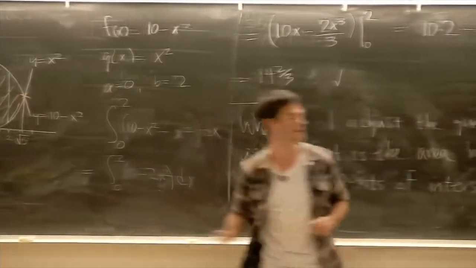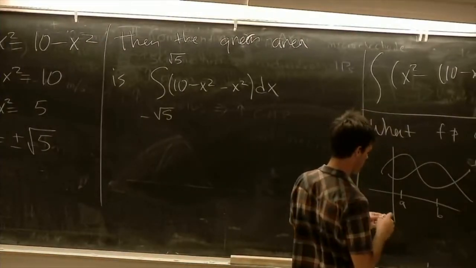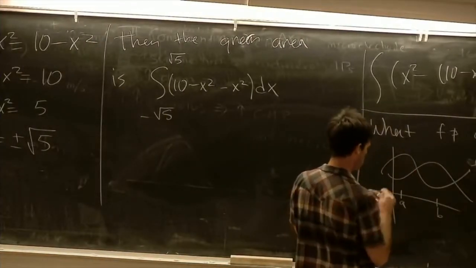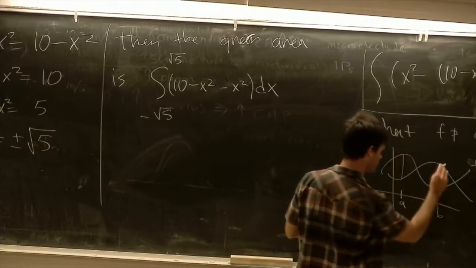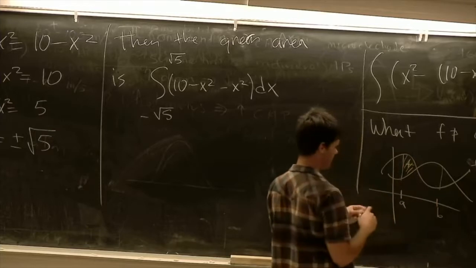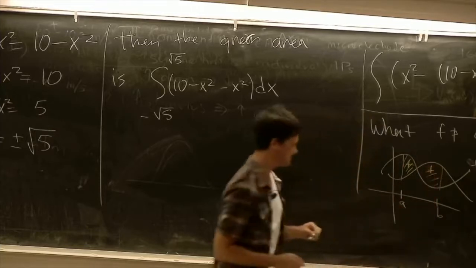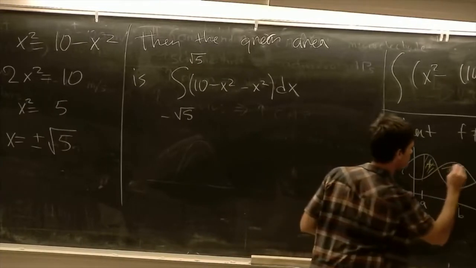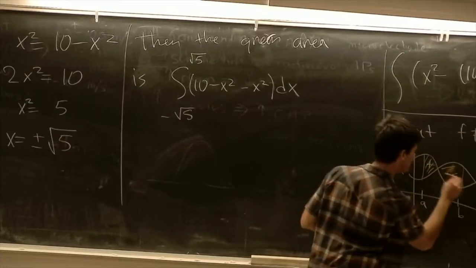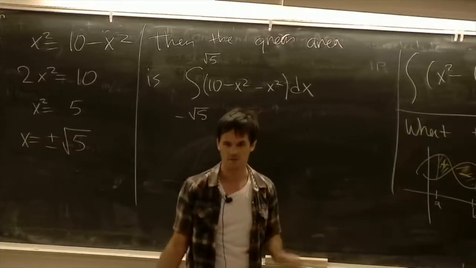Then when I integrate f minus g, I'll get some positive area here, and I'll get some negative area here, and they'll cancel each other out to some extent.